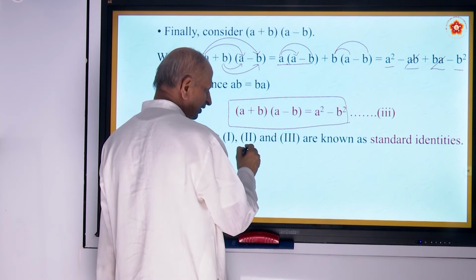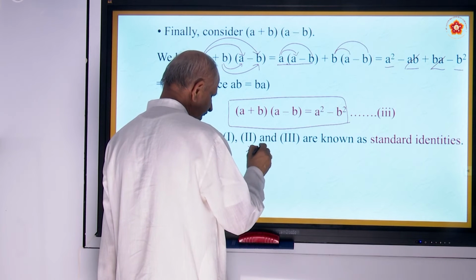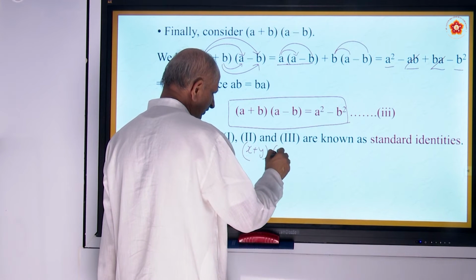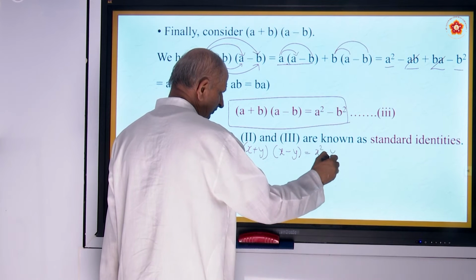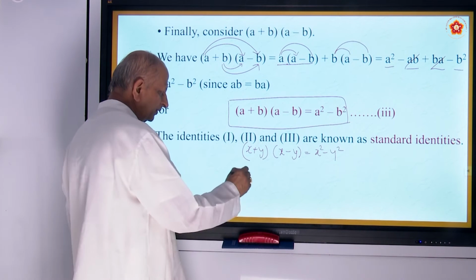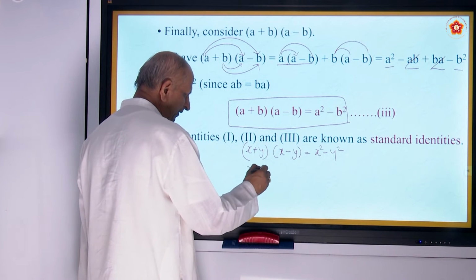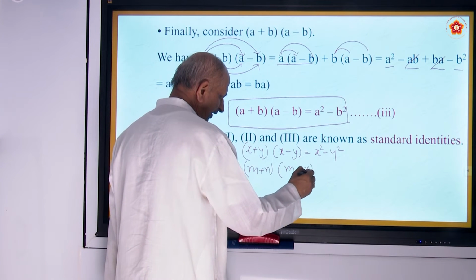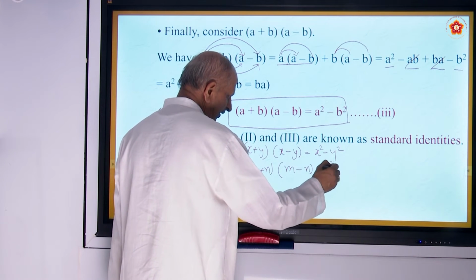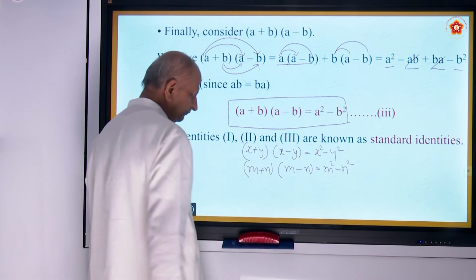Suppose you have X and Y, X plus Y into X minus Y, you get X squared minus Y squared. Suppose you have M and N, once you add, another time you must subtract, you get M squared minus N squared.